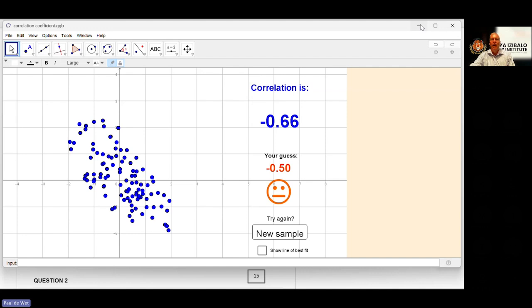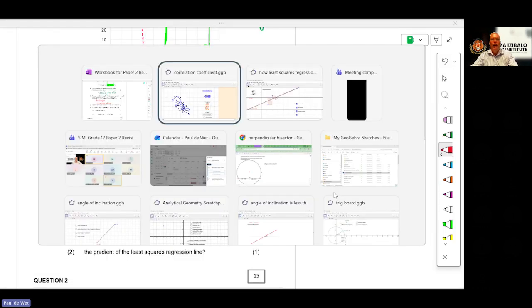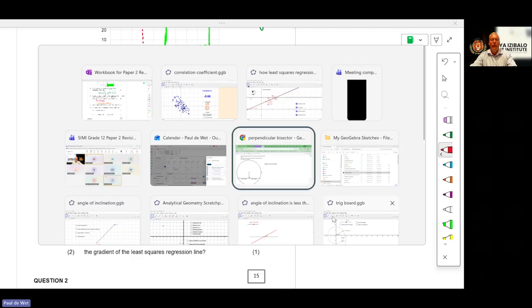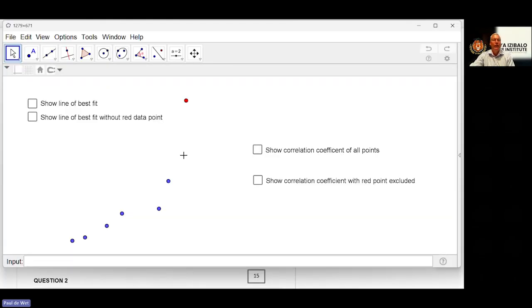Now, guys, I want to show you another thing which is going to help your understanding of this, and that is this sketch over here. If I show the line of best fit using all of these points, that's where the line of best fit is. I want you to look at the gradient of that line. Anybody want to predict the correlation if I use all the points?